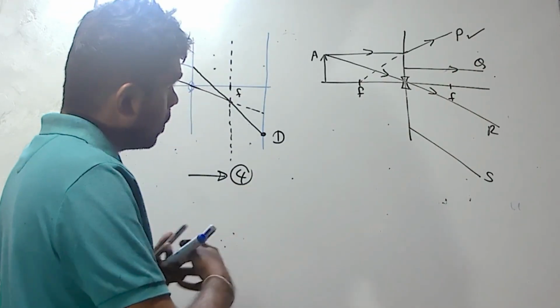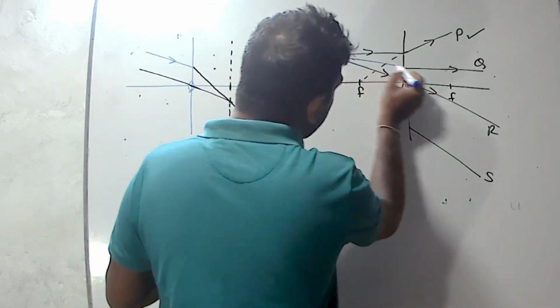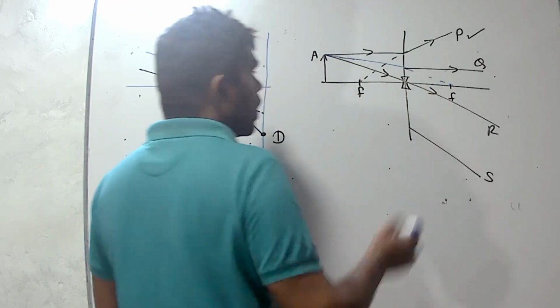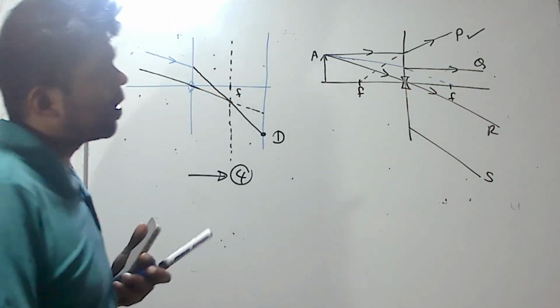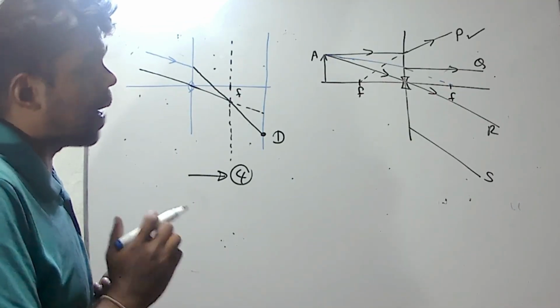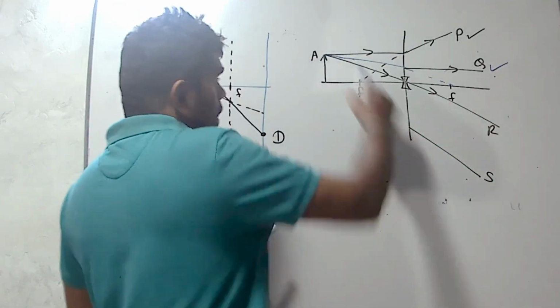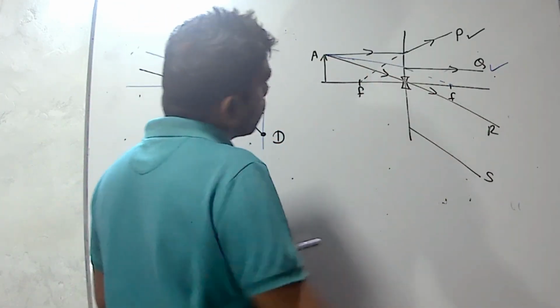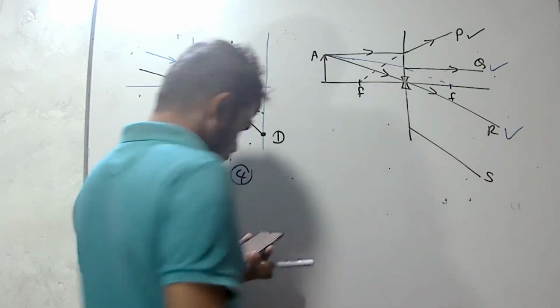Then Q ray, it is moving towards the focal point, like this. And after refraction, it should move parallel to the main axis. It also correct. The path of the ray passing through the pole is not changing. Therefore, R is correct.